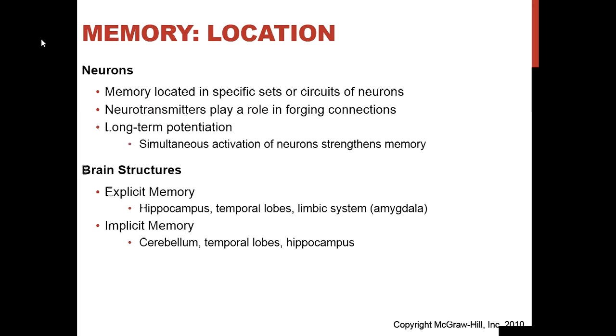And we also have something called long-term potentiation, in which the simultaneous activations of certain neurons will strengthen the memory. It's kind of like instead of having just one single pathway for a memory to be made, there are multiple pathways.